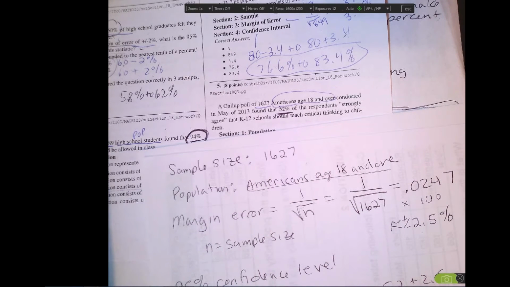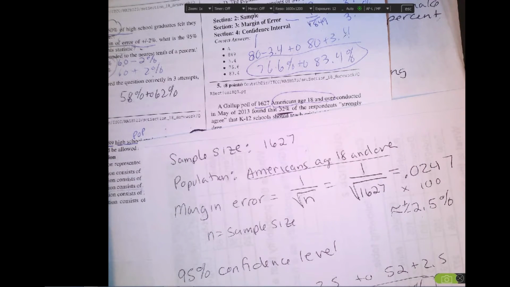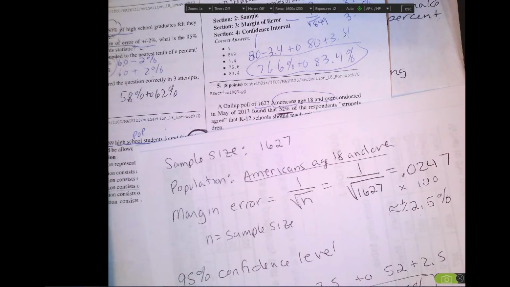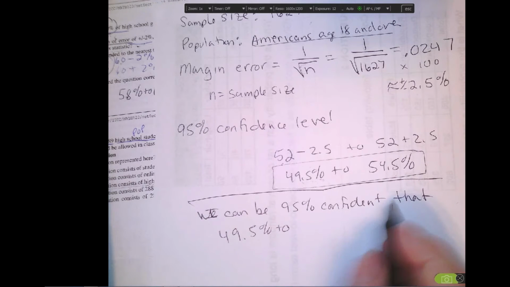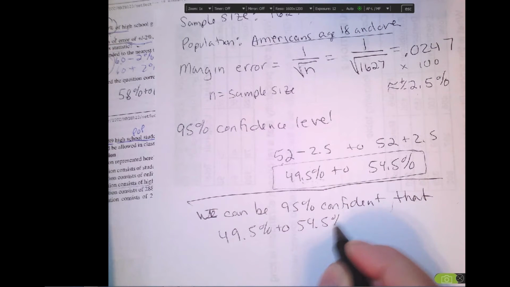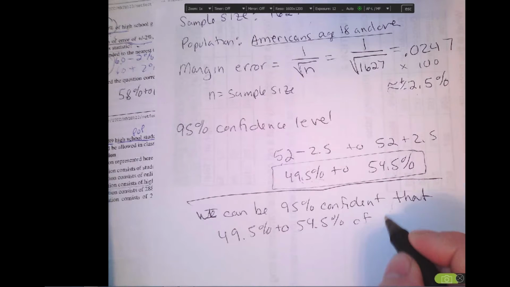Now you would have to write a sentence on the test. I think we usually use, we can be 95% confident. You have to have the opening something like this. Or it is with 95% confidence. We can be 95% confident that, now use your interval, 49.5% to 54.5% of, who was your population?